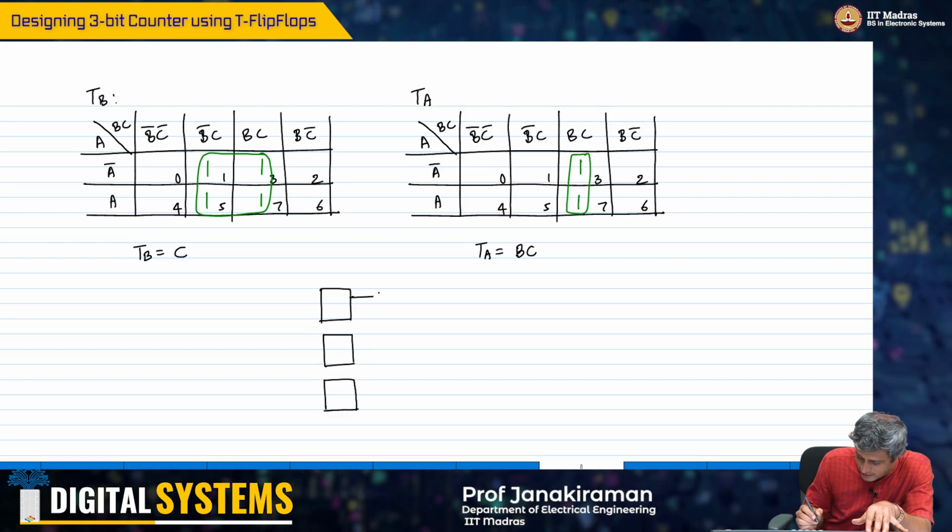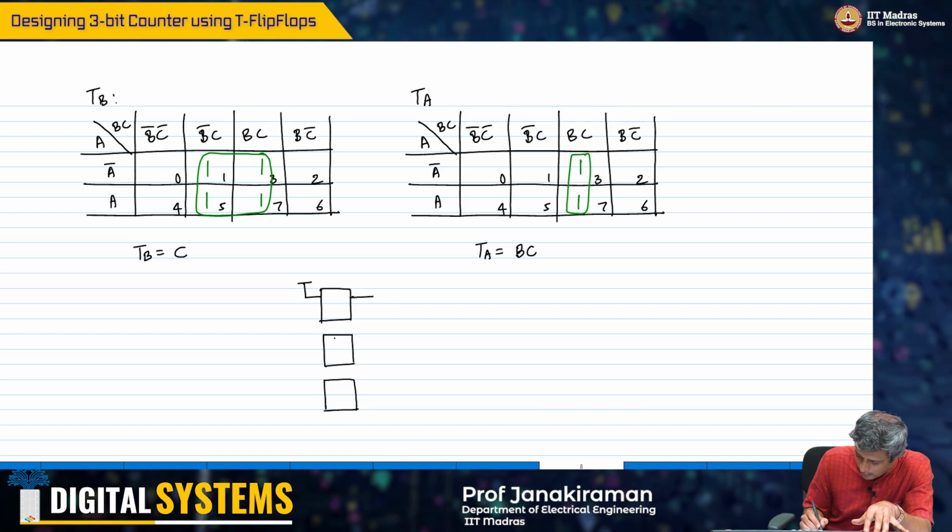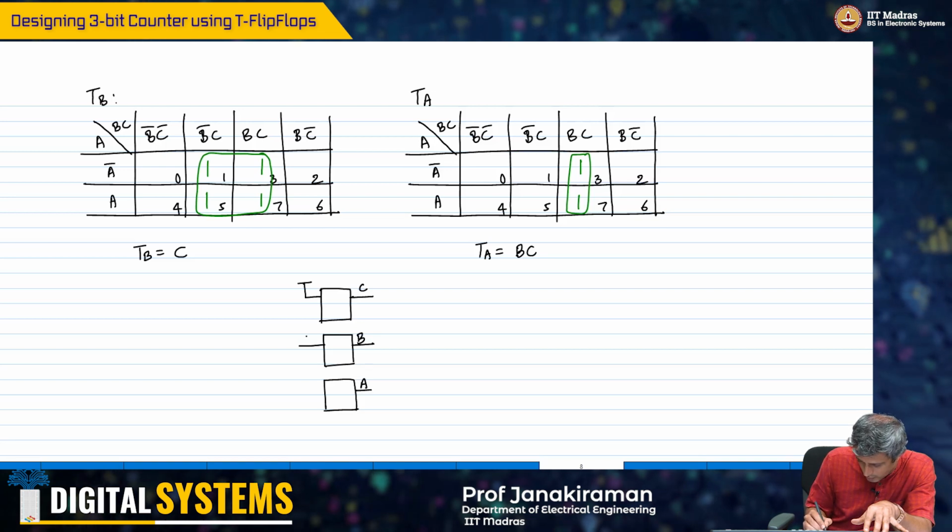I'm going to call this as C, by the way. This toggle flip-flop is just connected to 1. TB, this is my C, B and A. This is my TB and this is my TA.